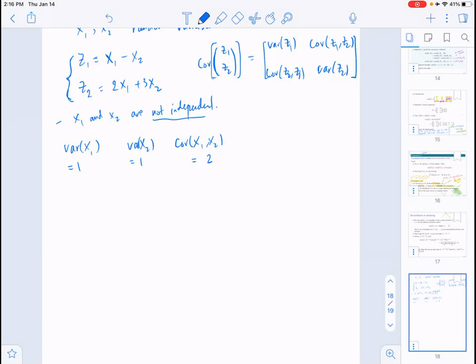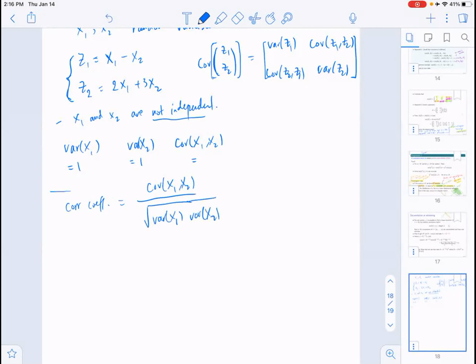Do you remember the correlation coefficient ideas? Can it be 10? Isn't the covariance equal to the correlation times the standard deviation of x1 and the standard deviation of x2? Yes, the correlation coefficient is the covariance divided by the root of the variances.